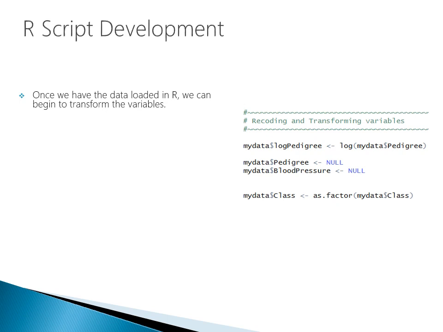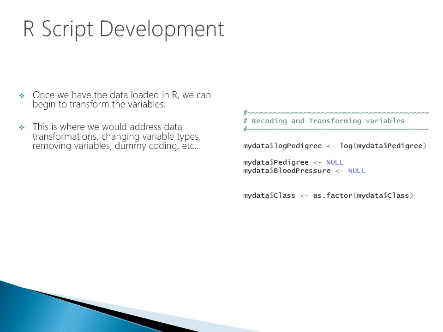Once we have our data loaded in R, we can begin the process of transforming variables. And much like loading a file into R and applying it as a data frame, we can perform operations on the variables themselves.